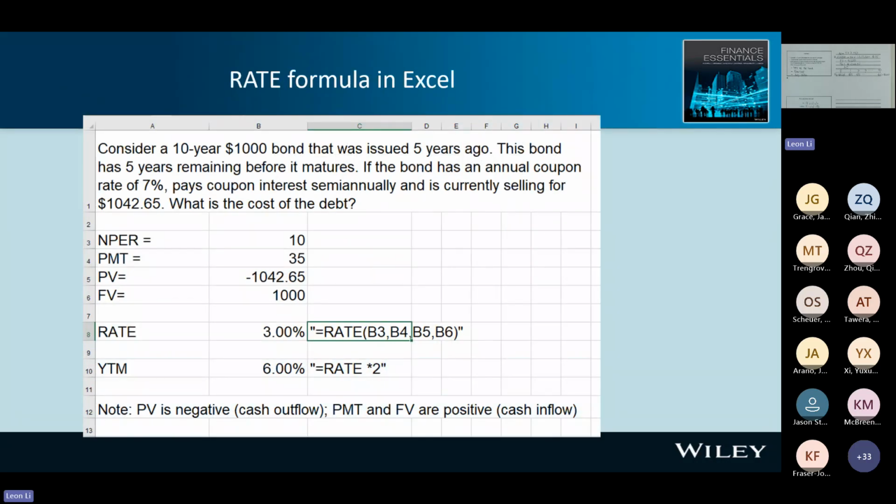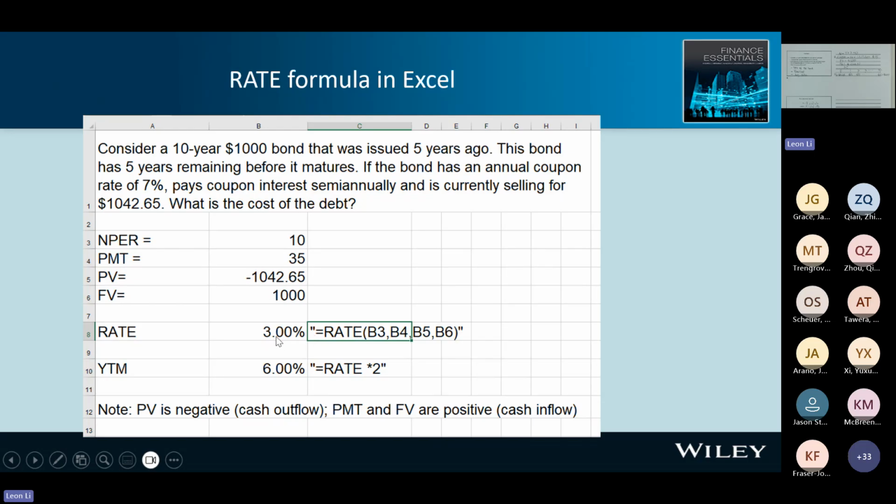Excel is helpful, or you can use Excel to do the calculations. Again, you can see the 5 input variables here. As a note, PV is negative, right? So it's a cash outflow. So we buy the bond today, cash outflow. Then we use the rate formula in Excel. Right?